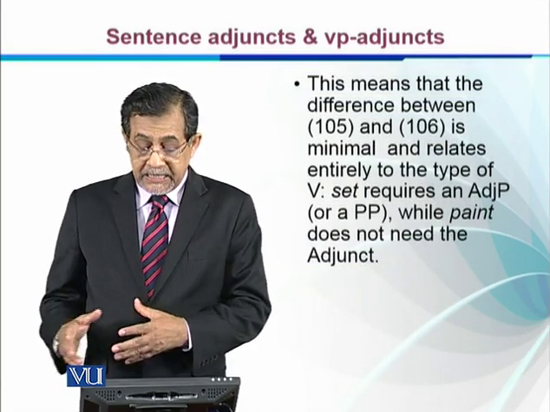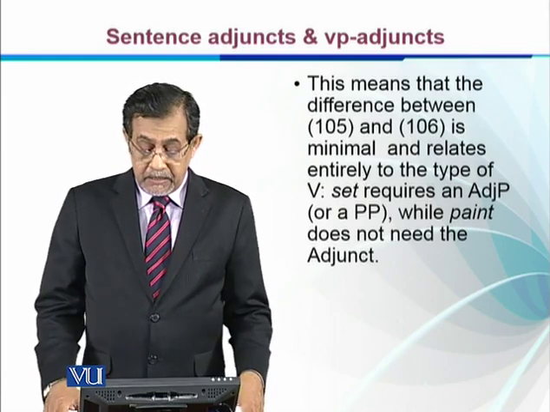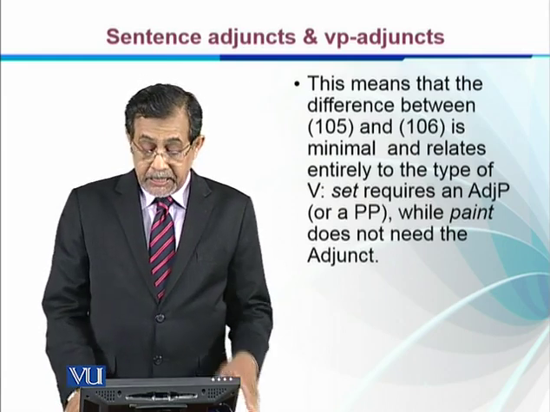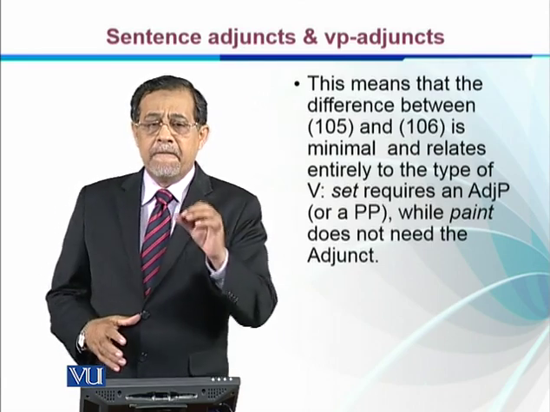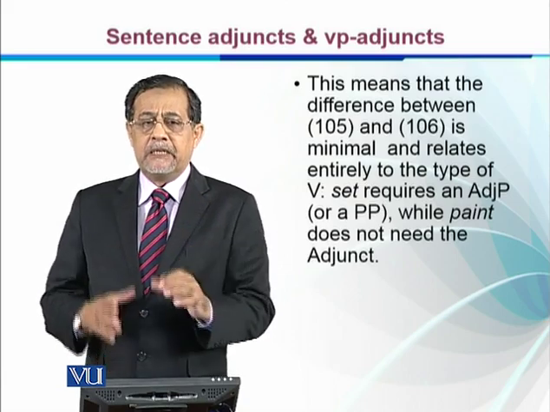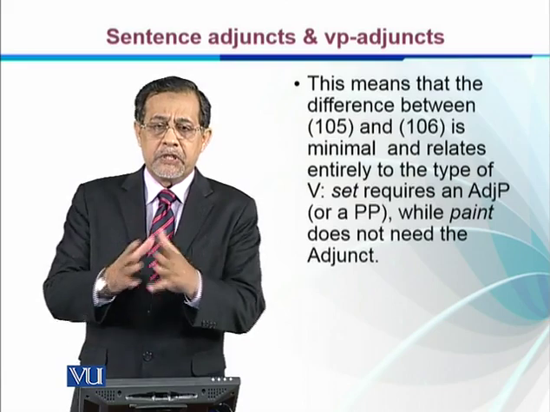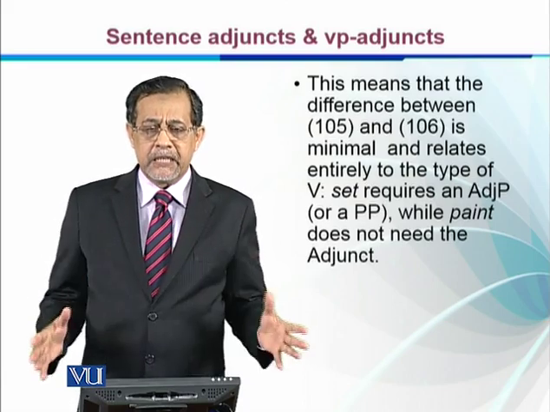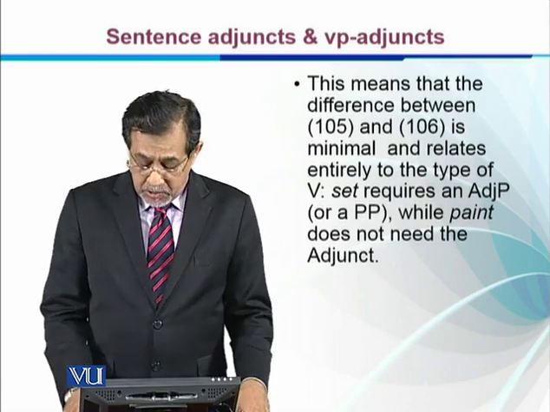"Set" requires an adjective phrase or a prepositional phrase, while "paint" does not need an adjunct. So whenever we make a sentence, we have to look at the verb, because it is the verb that determines which complements or which adverbials or which adjuncts are complementary or obligatory and which are not.